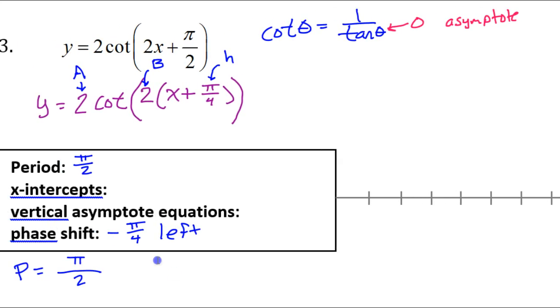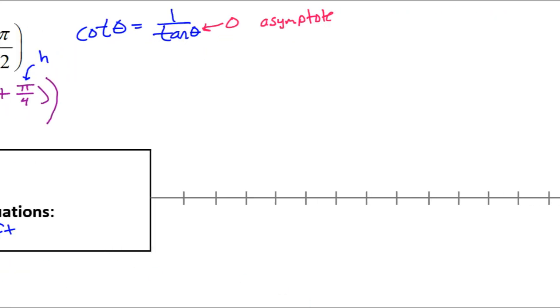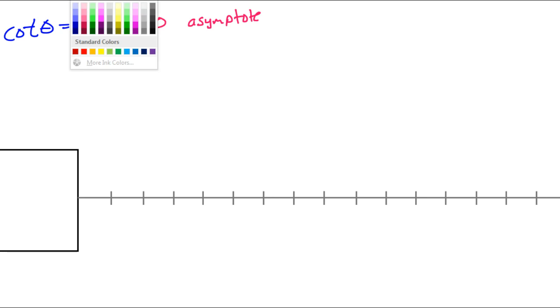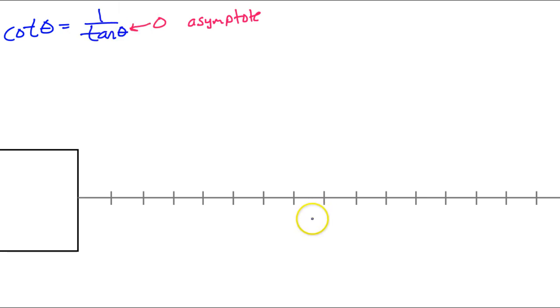Because of the phase shift, which is left pi over 4, instead of putting 0 in the middle like we normally would, we will put the phase shift in the middle. So I'm going to call this negative pi over 4, because that is the phase shift. Now if I were graphing the tangent function, I would say, oh, tangent begins right here in the middle, and I would go over 1, 2, 3, 4, and I'd go, oh goodness, tangent ends right there.